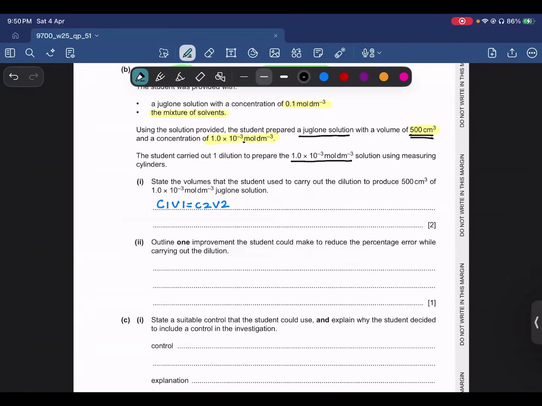And the second concentration is 1.0 × 10⁻³. Correct, because this is the concentration that we want to make. And the V1 volume is 500. Okay, then? And then you're saying V2 is going to be X.